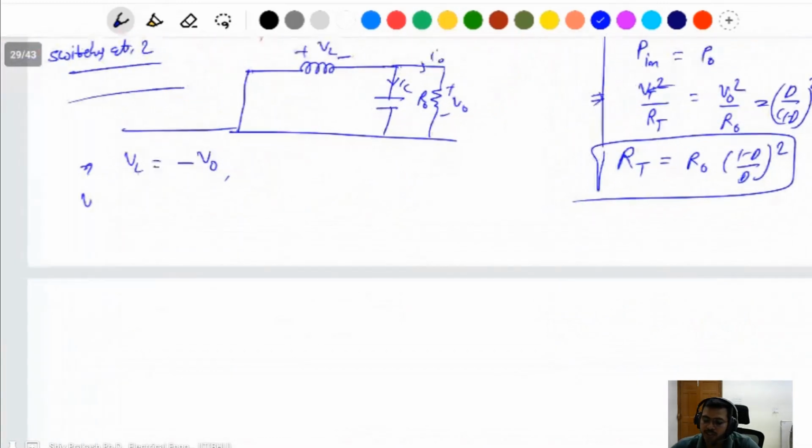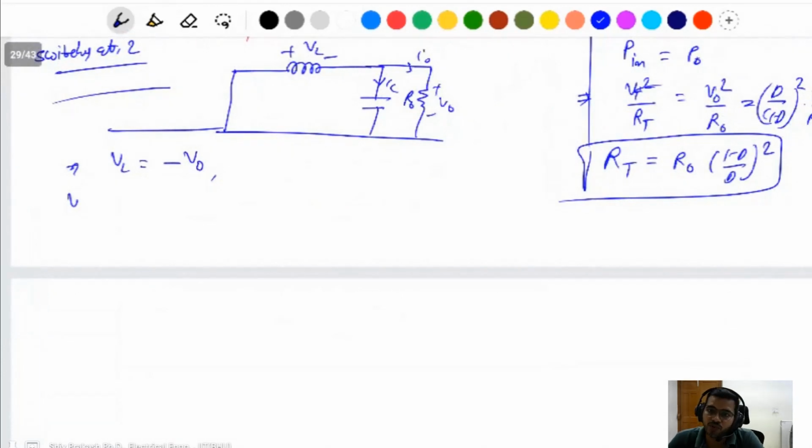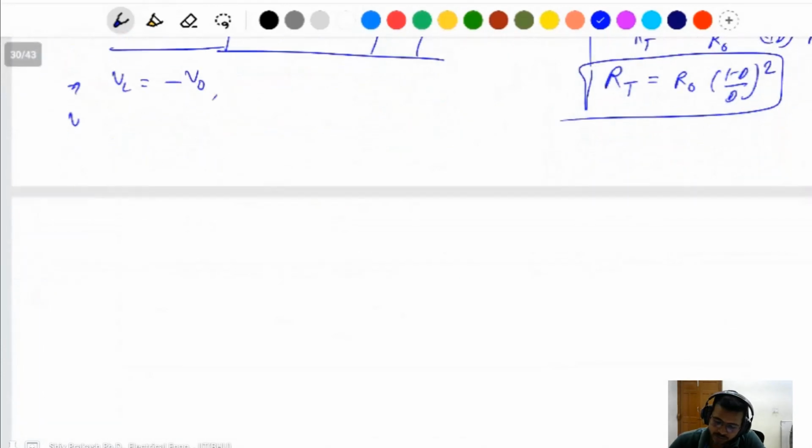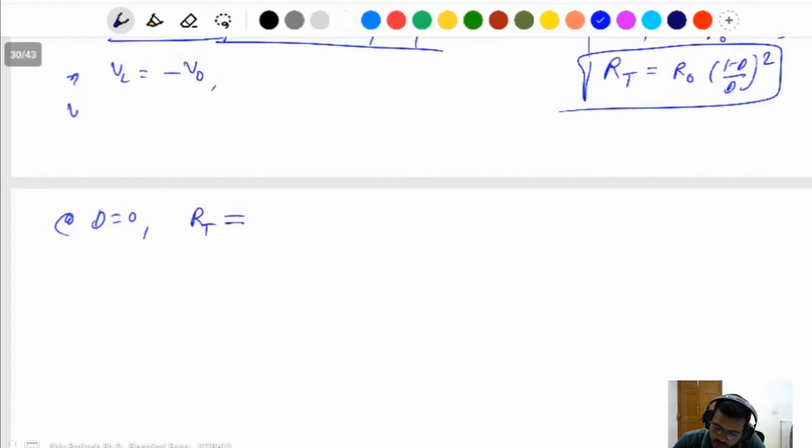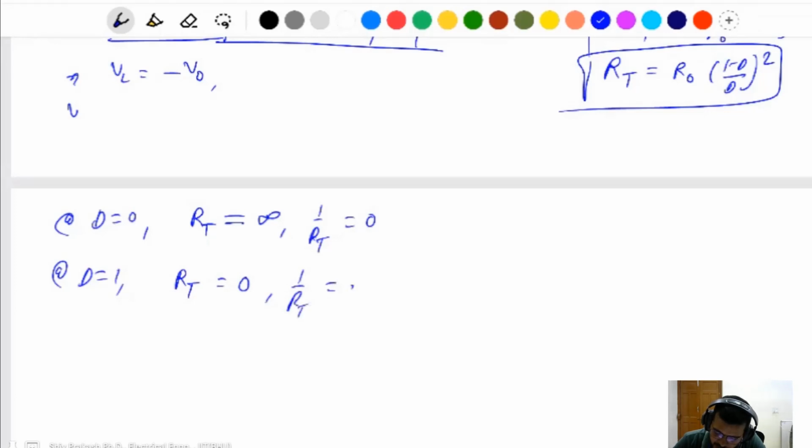I think you can see that in this way it looks like a buck-boost converter. At D equal to 0, this RT will be infinite, which means open circuit. Then 1 by RT is equal to 0. At D equal to 1, RT is 0 and 1 by RT is infinite. This will be open circuit, this will be short circuit.